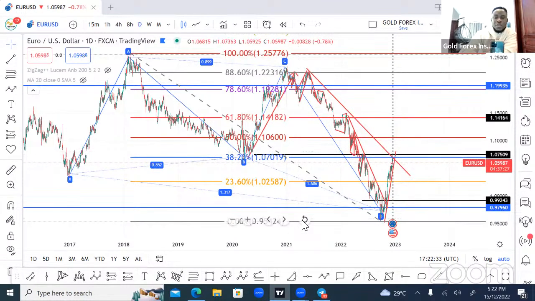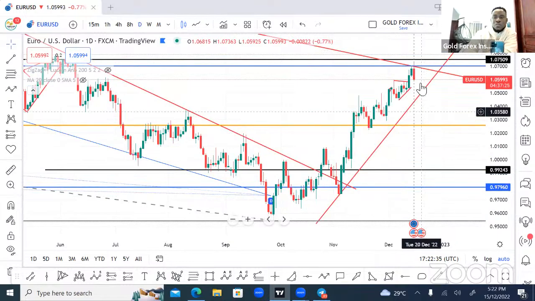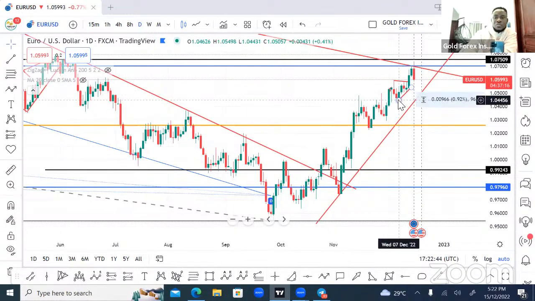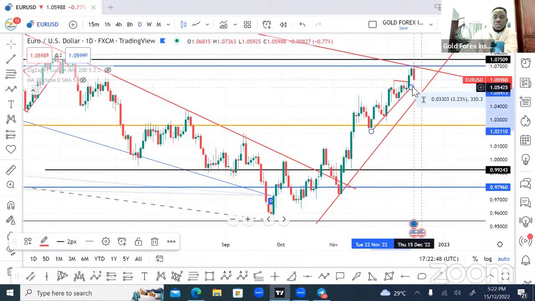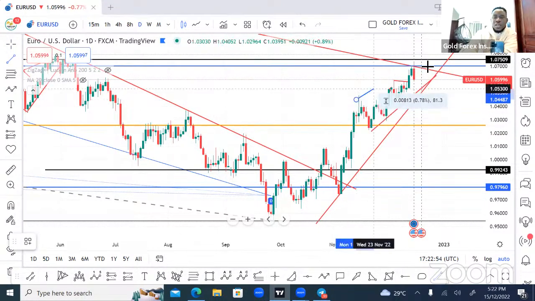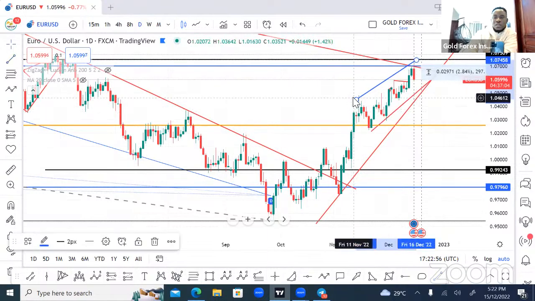So I'm expecting a sell off. On the daily time frame we had that bearish engulfing, so I'm expecting that the market will sell off on Euro USD, just like the DXY. Okay, so you can see over here, it's also forming an ending diagonal.